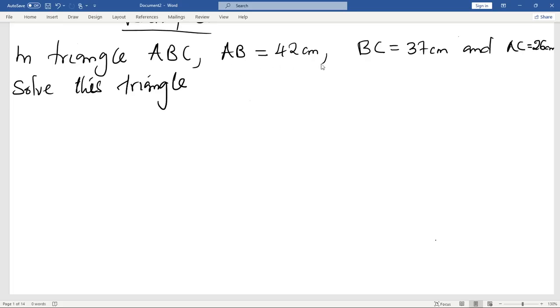Let's use the information in the question to come up with a triangle. Suppose this is the triangle we're dealing with.